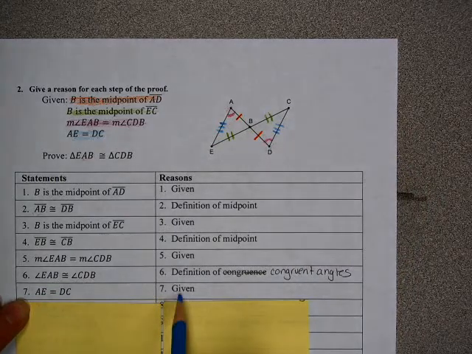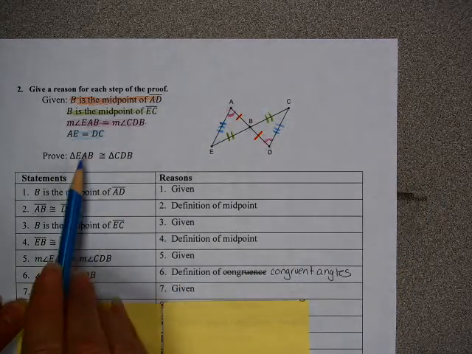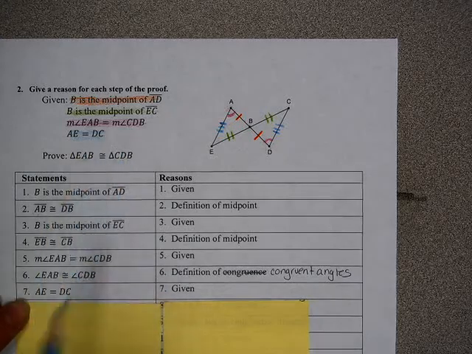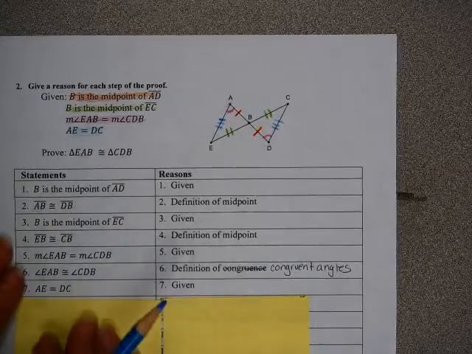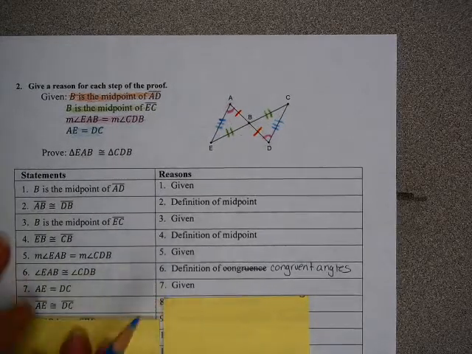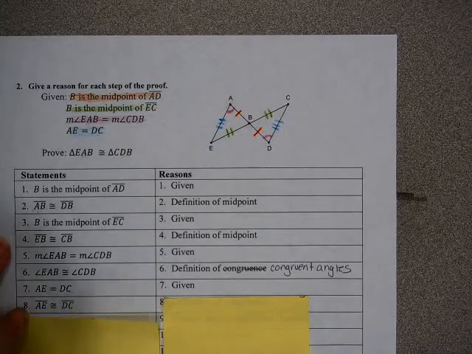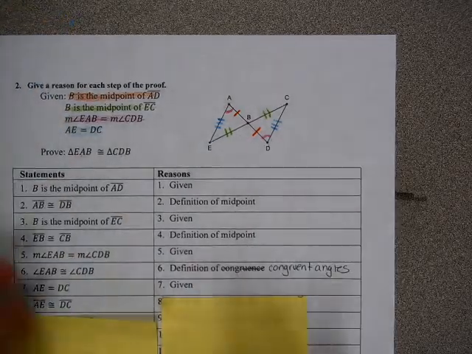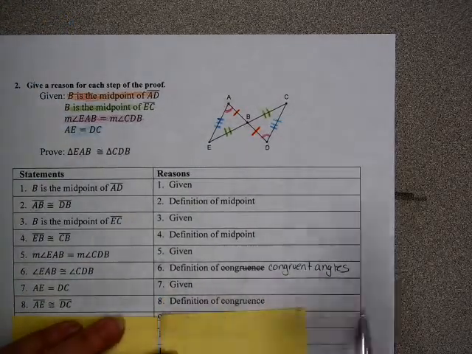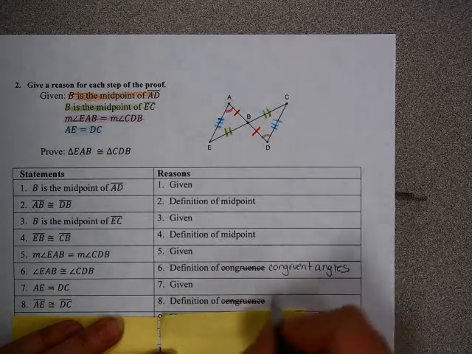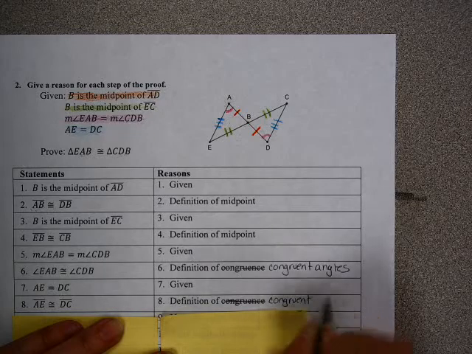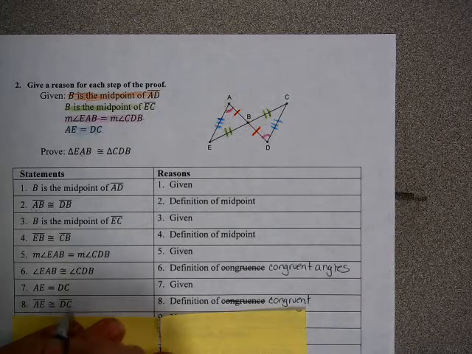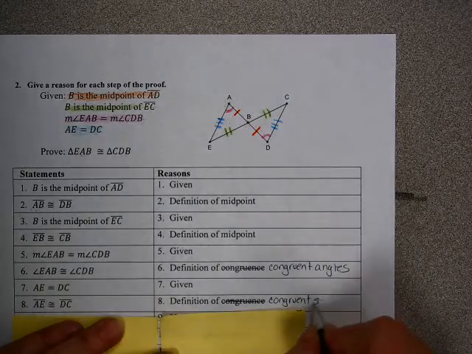Okay, so here, that's given, but remember that when I want to prove triangles congruent, I need congruent statements, not an equal statement or an equation. So I need to change this to be congruent. And in order to do that, that's going to be the definition of congruent. And congruent what? Those are segments, so that's congruent segments.